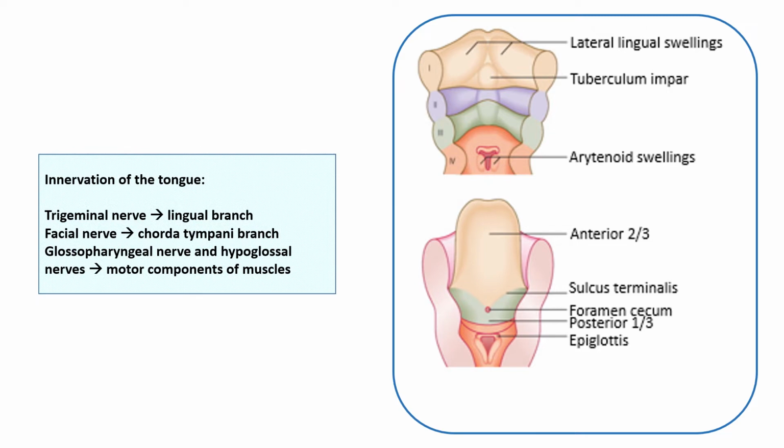So with the hypoglossal nerve specifically, it provides motor innervation to the muscles of the tongue. So that includes both, of course, the intrinsic muscles of the tongue as well as the extrinsic muscles of the tongue to allow for things like rolling the tongue, protruding the tongue, retruding it, that sort of movement.